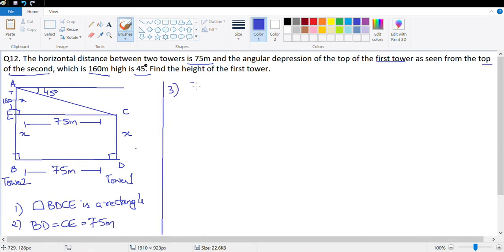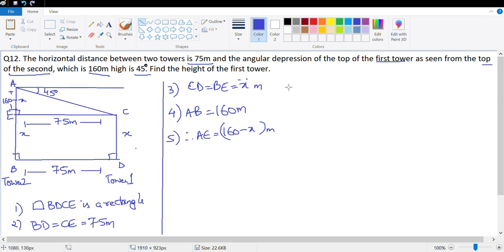Next, CD is equal to BE is equal to x meter. Number 4, AB is equal to 160 meter. Therefore, AE is equal to 160 minus x meter. Done. We've done our assumptions and whatever information we have.